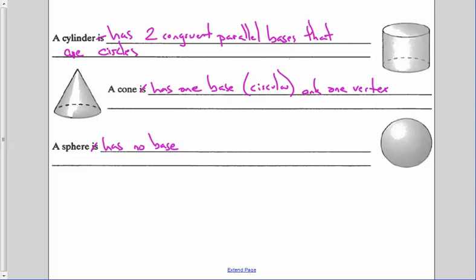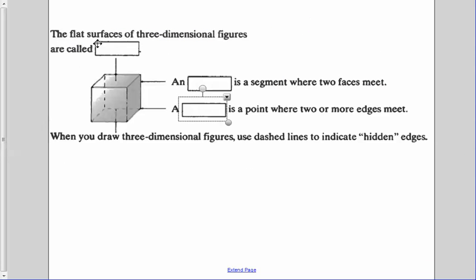So let's take a look at identifying the different parts of a 3D figure. Flat surfaces of three-dimensional figures are called the faces. A cube here has 6 faces. If we were to count them out, let me get a different color pen here.